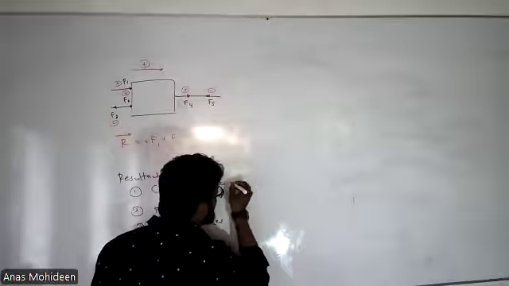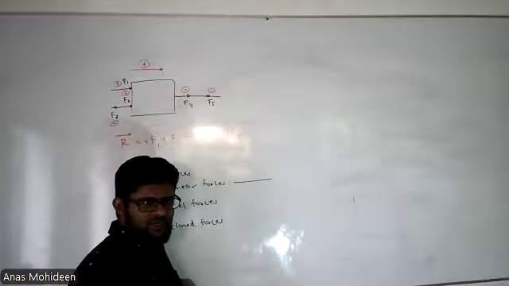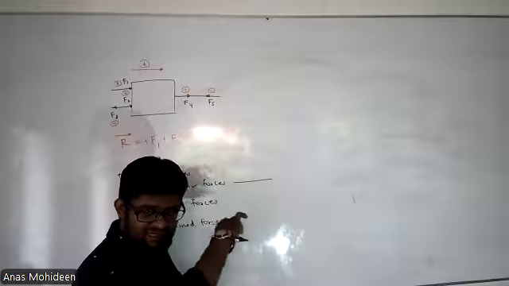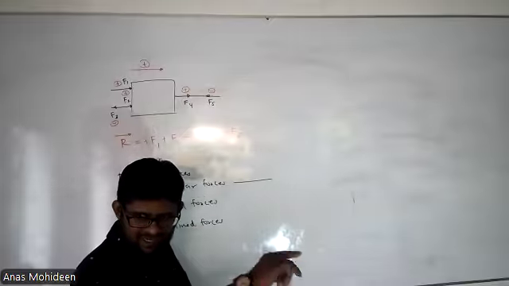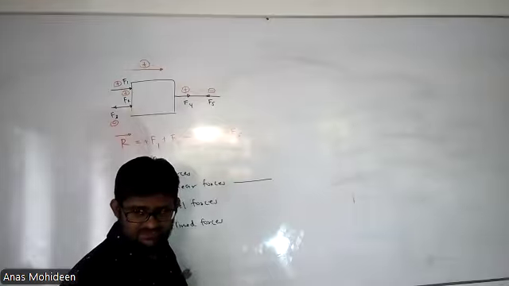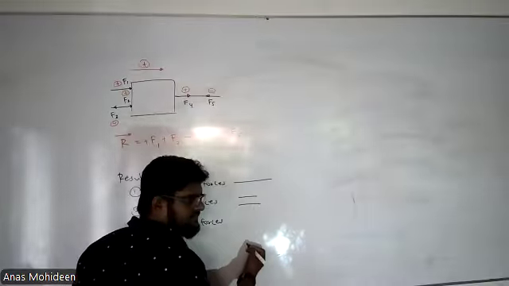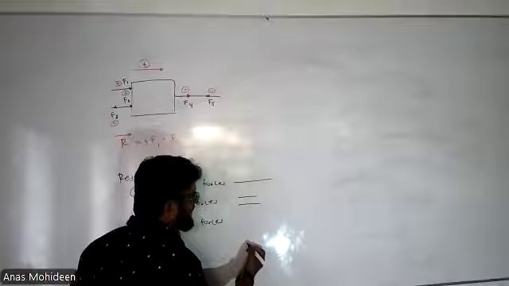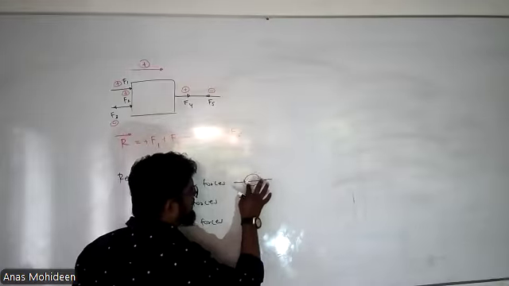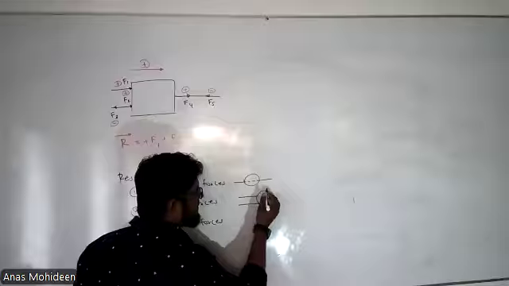Collinear means one line. On one line, the forces may be in the same direction or opposite direction. Parallel means parallel to each other. So we mark it like this: one line, and this is parallel.